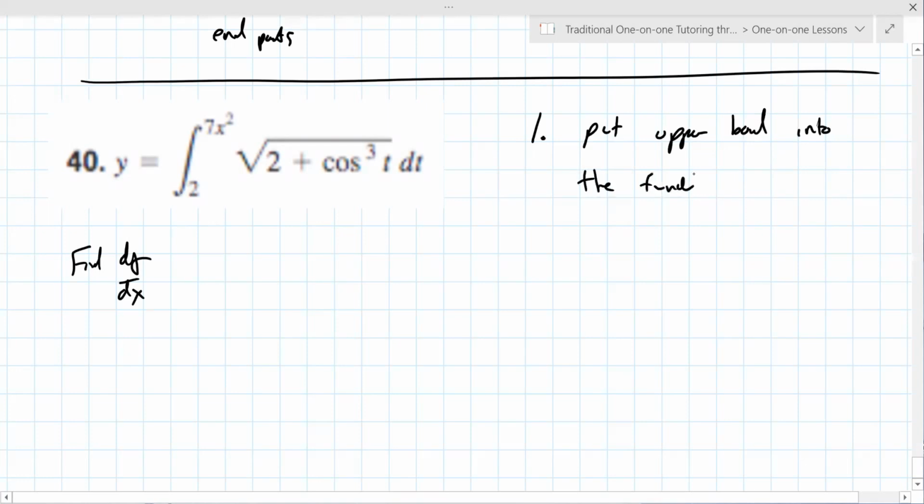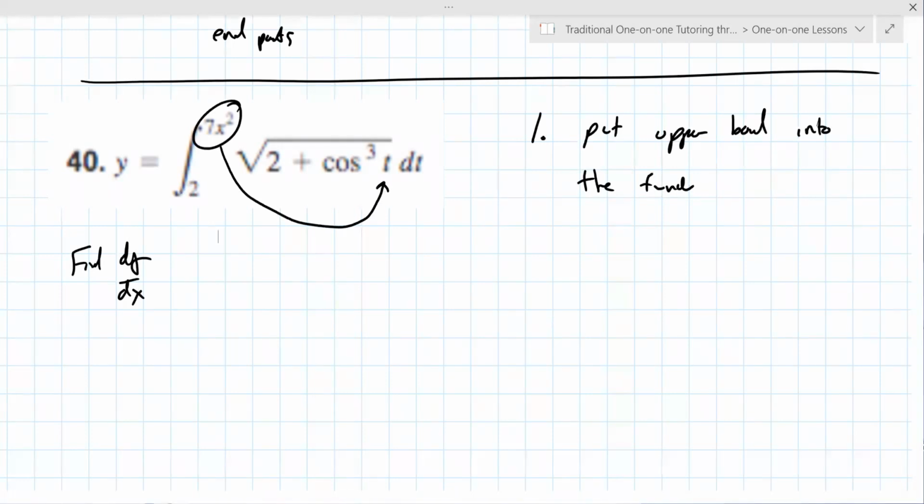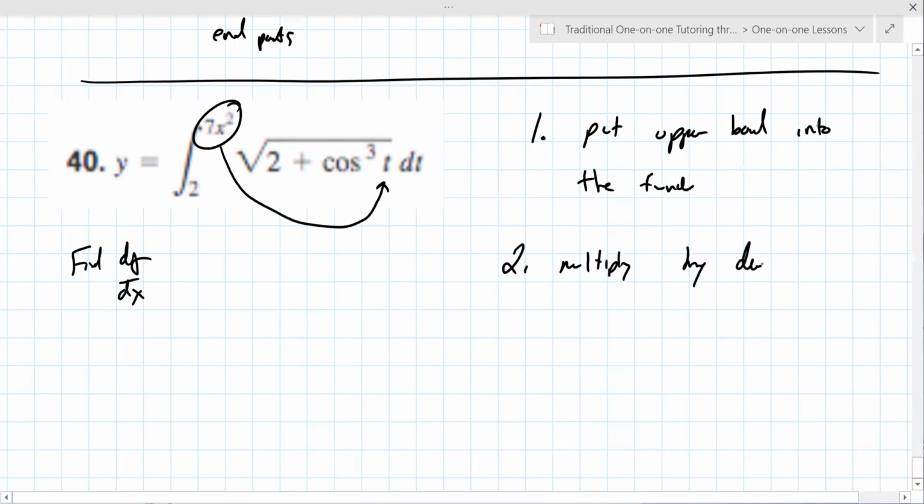In this case, you take this 7x squared and put it in there. If it doesn't have an upper bound, like in 41, where there's a lower bound that's a variable, you actually have to manipulate it, but we'll assume this is like your exam question.